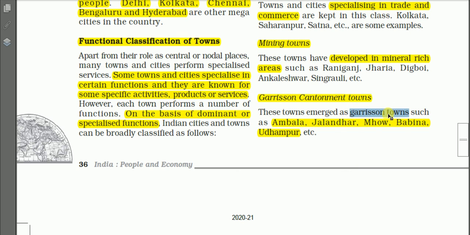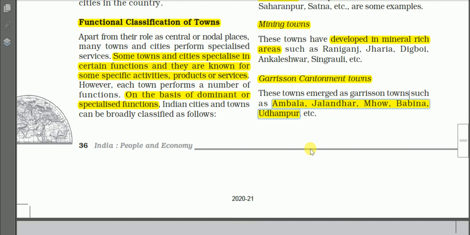Garrison towns are those towns which have a military station. We have examples like Ambala, Jalandhar, Mhow, then Babina, Udhampur. So these are examples of garrison or cantonment towns.